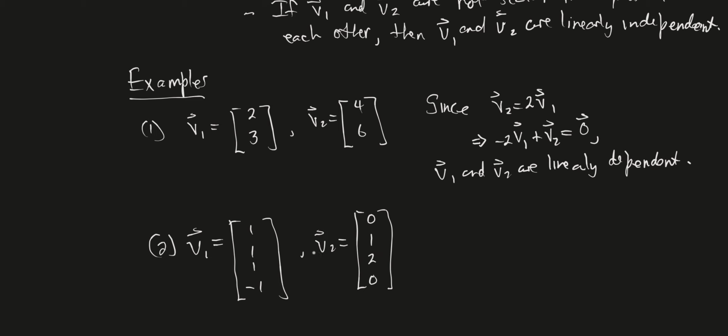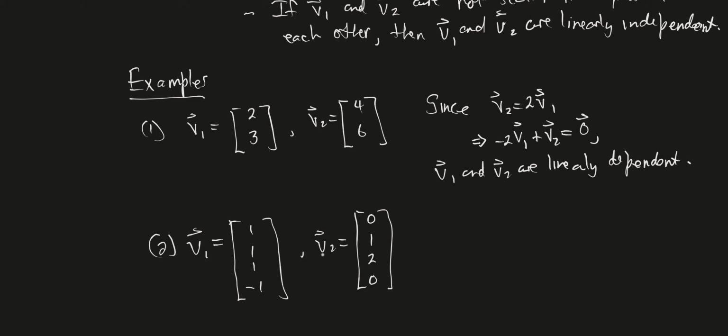Because if you think about it, the only constant I could multiply the first component by to get 0 is 0. But if I multiply the whole vector by 0, I am not going to get this vector. So there's no scalar multiple that I can use to multiply v1 in order to get v2.